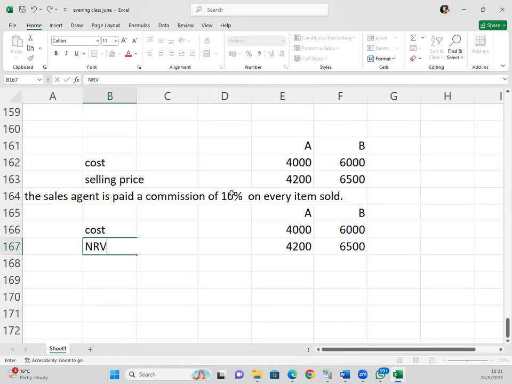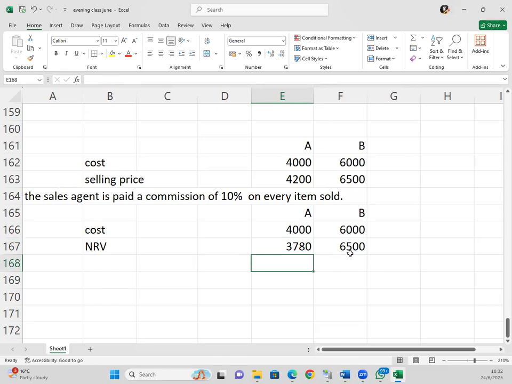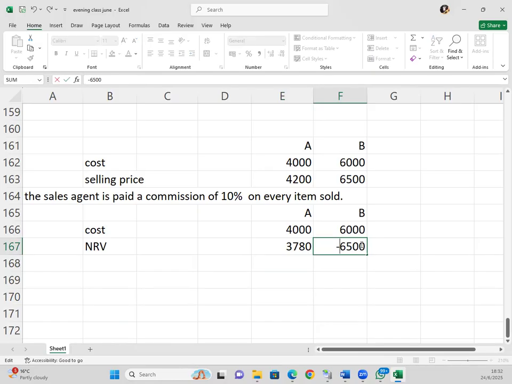So our net realizable value will be the selling price minus the selling cost. In other words, we are saying 4.2 minus 10% of 4.2. 10% of 4.2 is 420. Again, 6.5 minus 10% of 6.5 is 650.